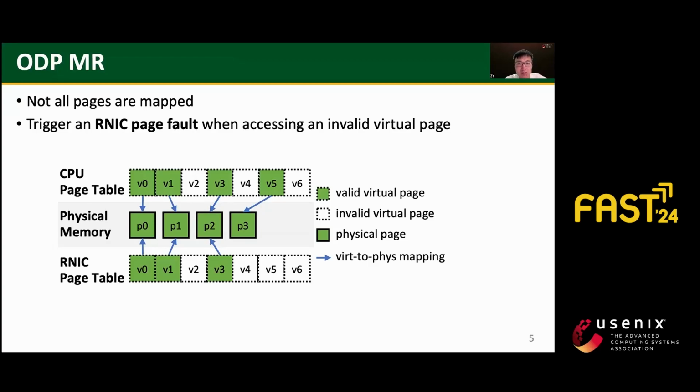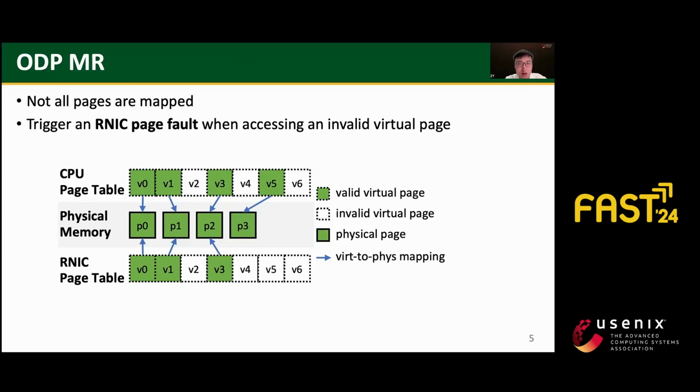So in the RNIC page table, not all pages are mapped. The green ones in the page table are mapped to some physical pages. We call them valid virtual pages. The white ones are not mapped to a physical page. We call them invalid virtual pages.